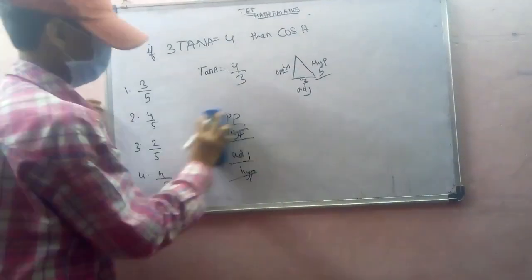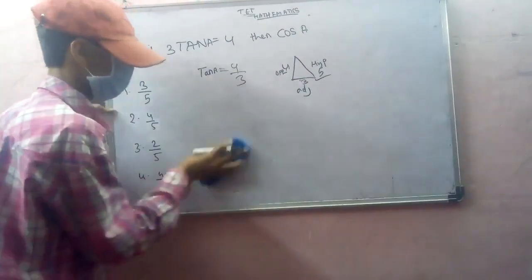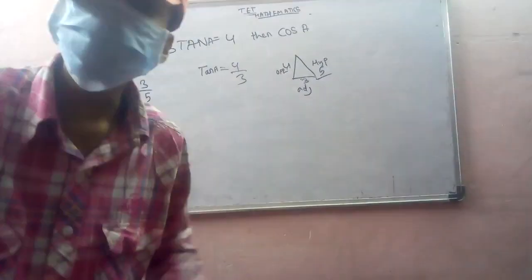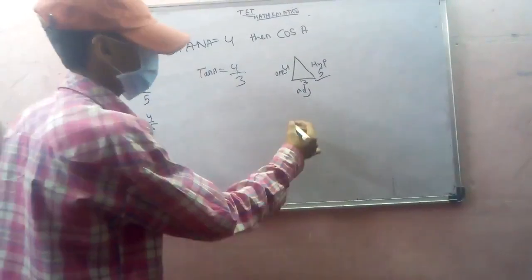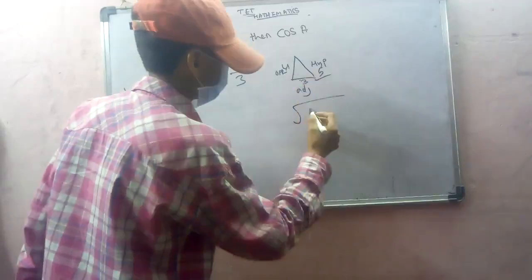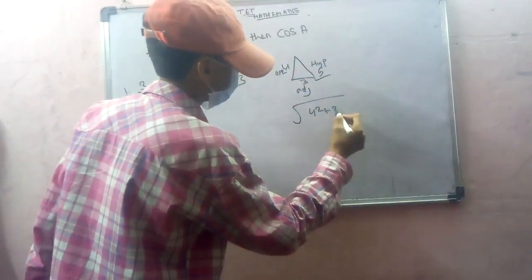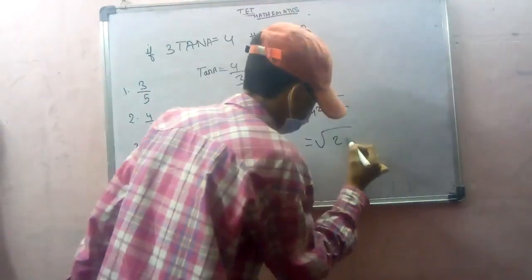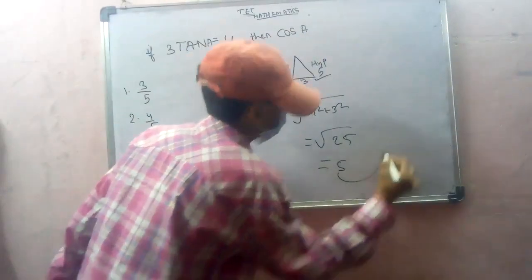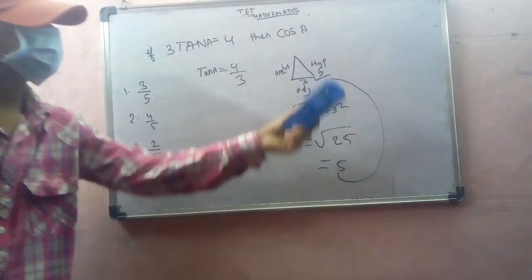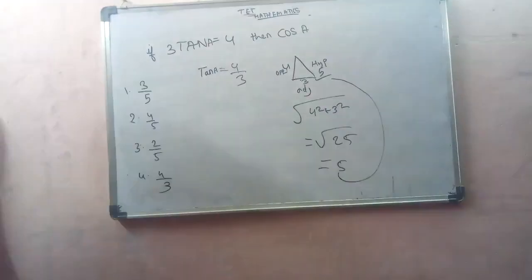By Pythagoras theorem, hypotenuse is root over opposite square plus adjacent side square, 16 plus 9, you will get root 25. Root 25 is 5, so this side is 5. Now tell me the answer.